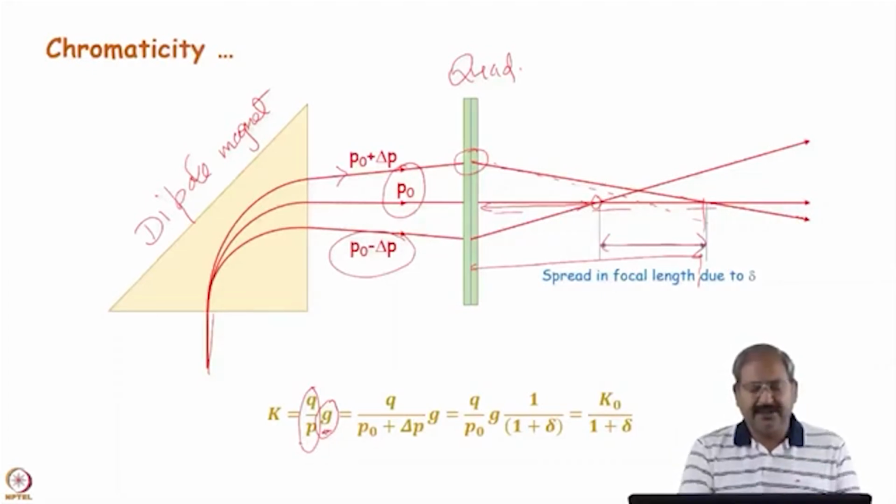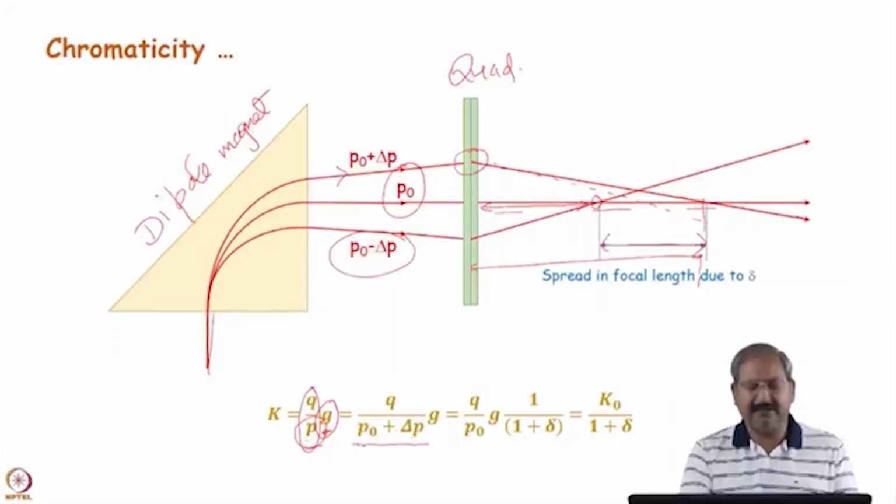Now in place of P, we have P0 plus delta P. This P is the momentum of the particle. It may be the off-momentum particle if delta P is non-zero, and if delta P is 0, then it is the on-momentum particle.